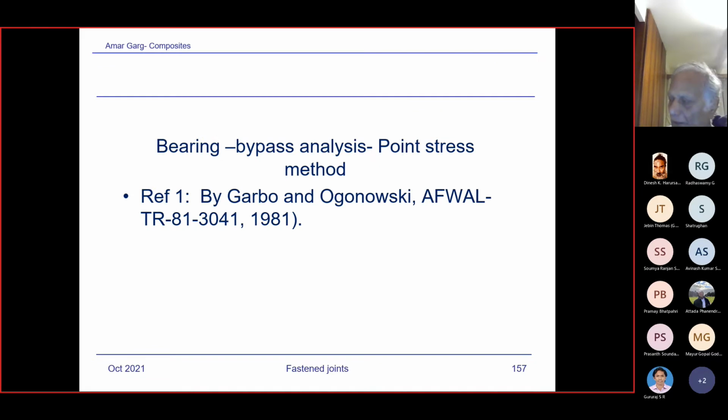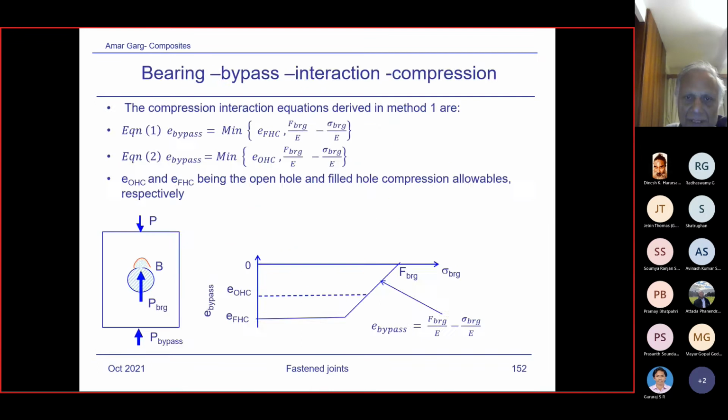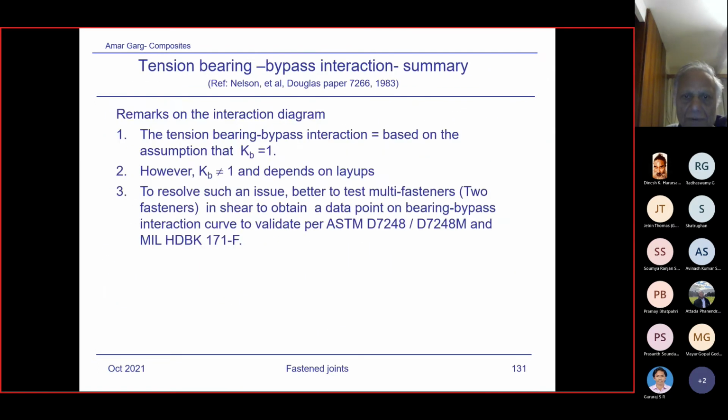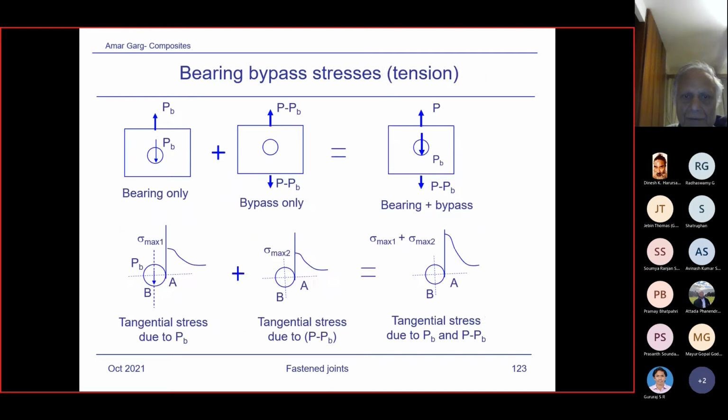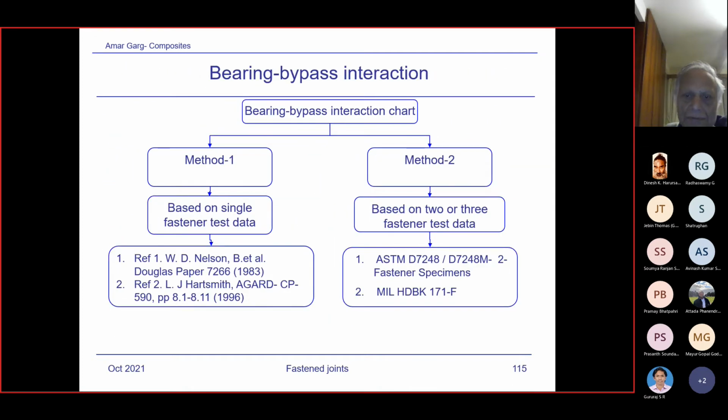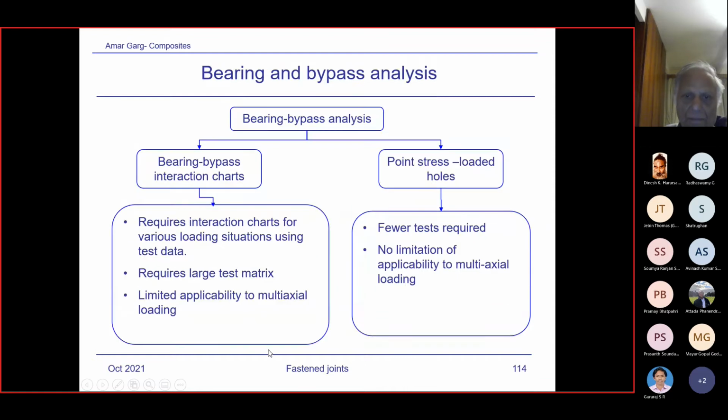Now, if you remember last time I said there are two methods which are normally used, in the slide which I showed. This one, where I said bearing bypass analysis is done by bearing bypass interaction charts or point test loaded hole.